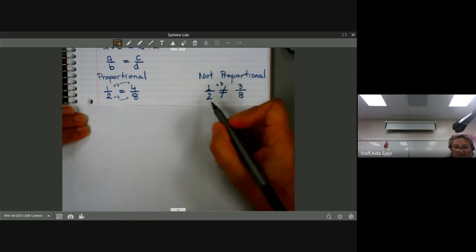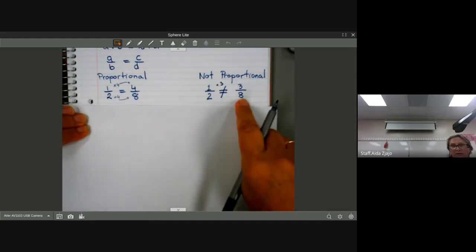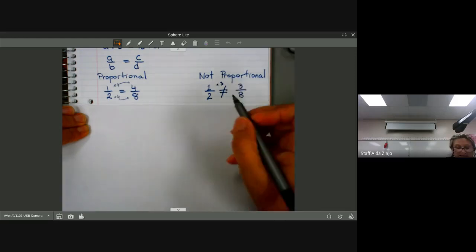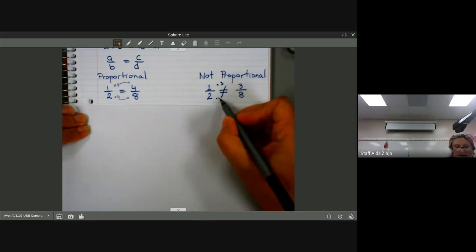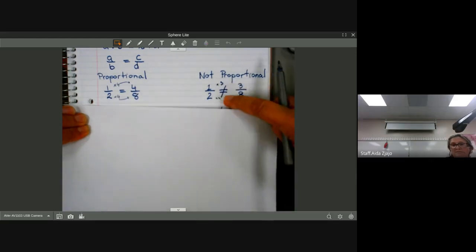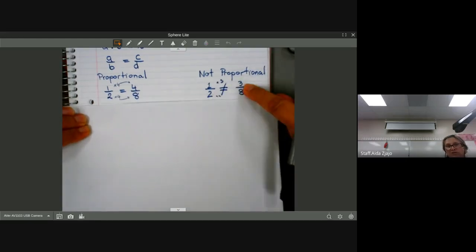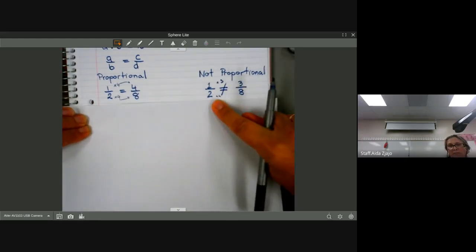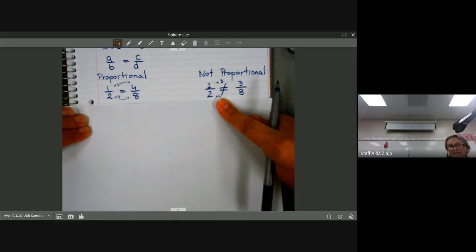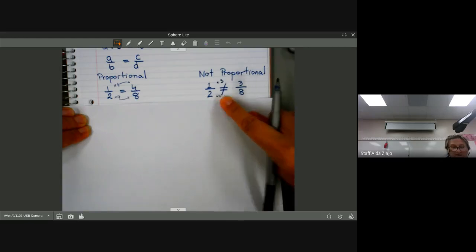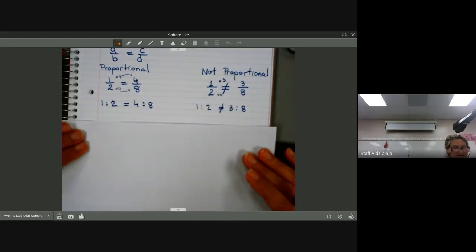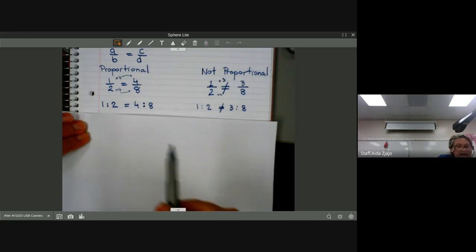But 2 times 3 is not 8, 2 times 3 is 6. Practically this is times 4, and 3 and 4 are not the same. So they are not growing proportionally. They're not growing by the same number. Does that make sense?